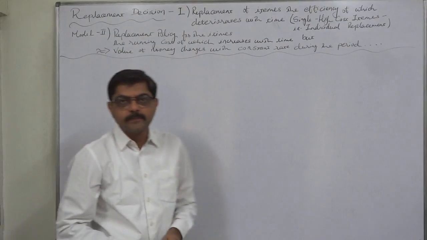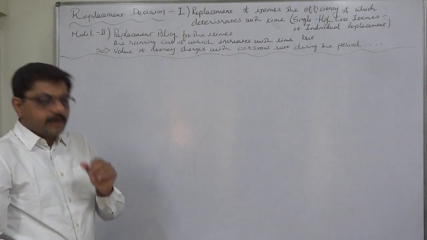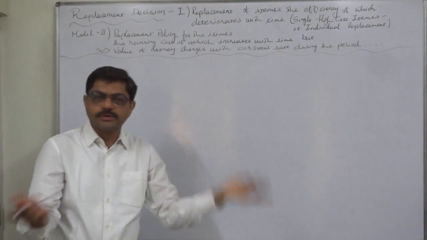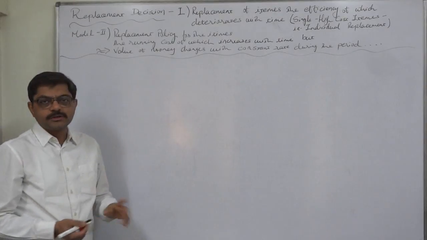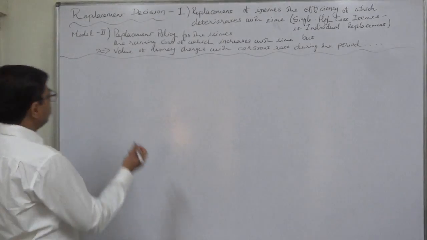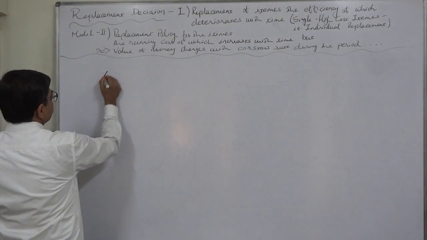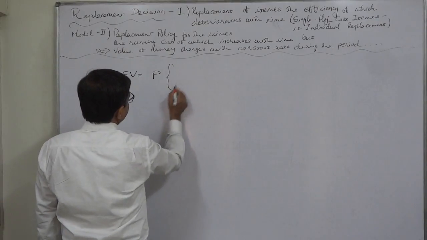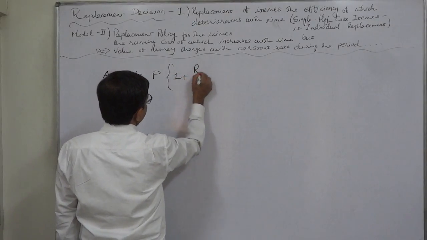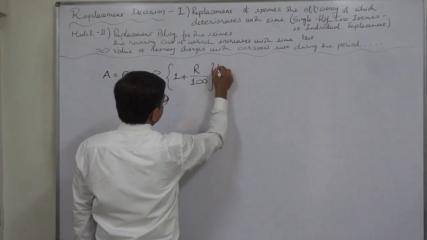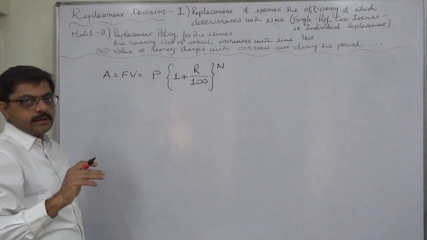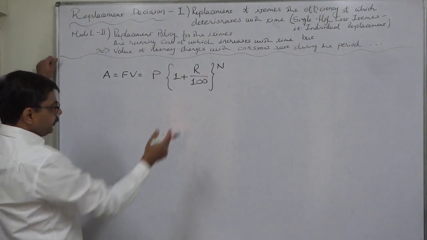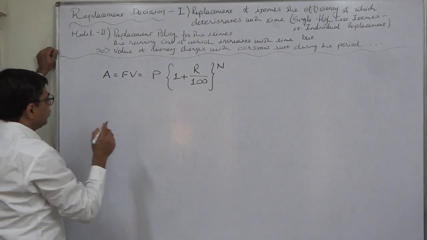Now how to find out the present value of running cost of future, or any amount of future, or the present value of the future value of money? We all have studied the concept of compound interest in our school days. According to that, the amount or future value of our money is present value into (1 + r/100) raised to n, where n is the number of periods for which the amount is compounded during 1 year or during the entire period under consideration.